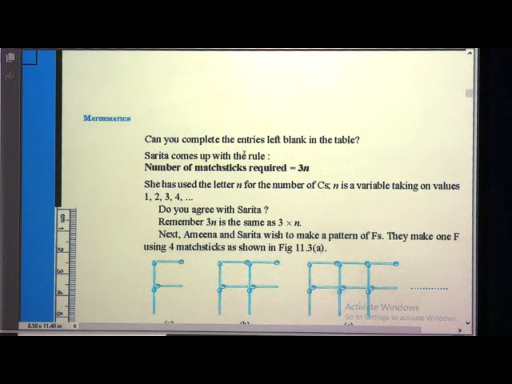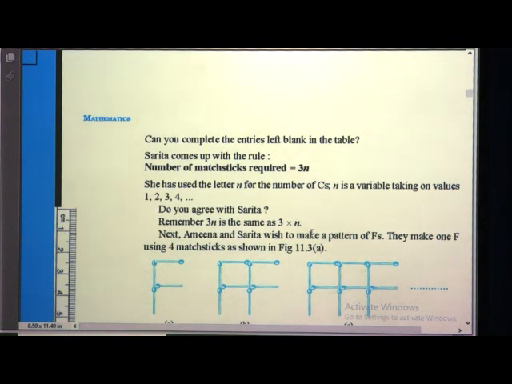Yes, because n is a variable, it goes on changing and we get the number of matchsticks required to form different number of C's. Remember 3n is the same as 3 into n. So 3n, no symbol is there in between but it indicates 3 into n.